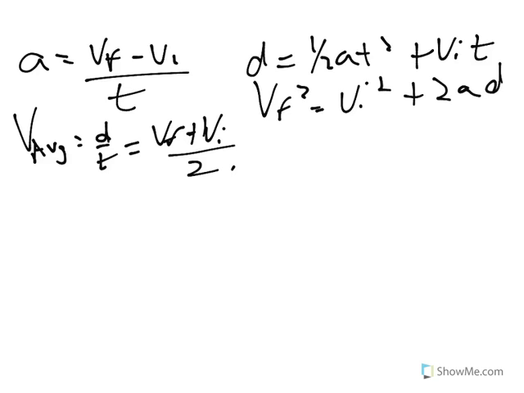Essentially, you need to write down everything you have. Every time you get a problem, list out all of the variables available to you, then figure out which ones are known. Let's say we know acceleration, final velocity, and time, and we're looking for the initial velocity.